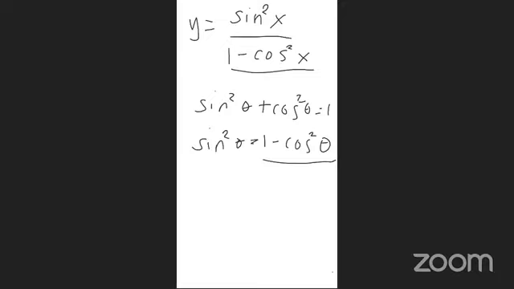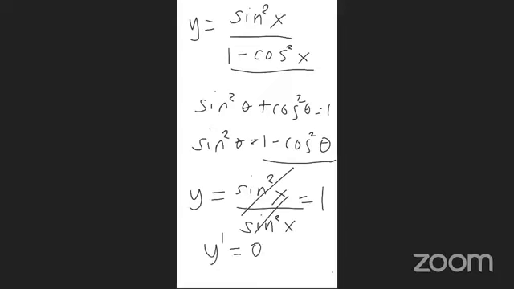So this is equal to this. The denominator becomes sine squared x, so it cancels with the numerator and equals 1. Then the derivative of 1 is 0. So y prime is 0. That is how easy it is, guys.